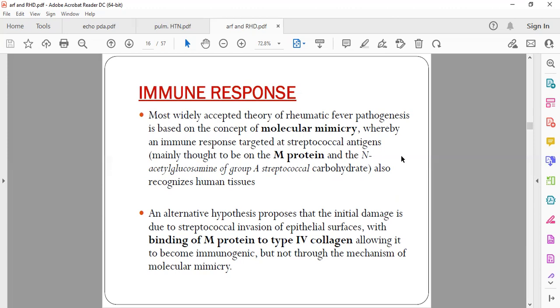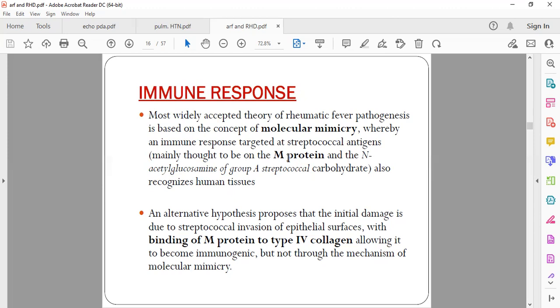So whenever there is an infection, our body tries to attack that infection, and it gets confused because some of the particles of that infection are similar to particles in our joints, heart, and all. The immunity gets confused that these are also foreign particles, so it starts attacking other organs, that is heart, skin, and your brain and all. That is confused with basically M protein. It starts attacking the other parts, and that's why the manifestations start.